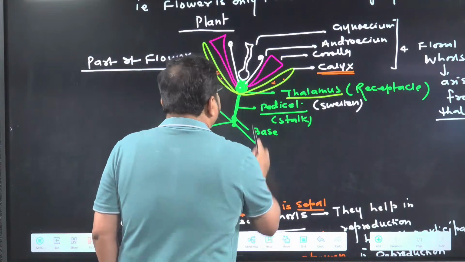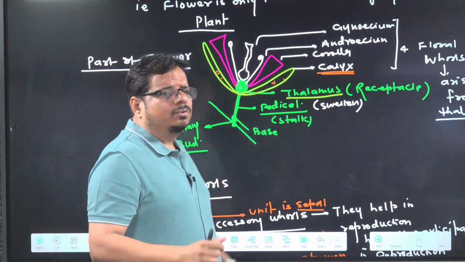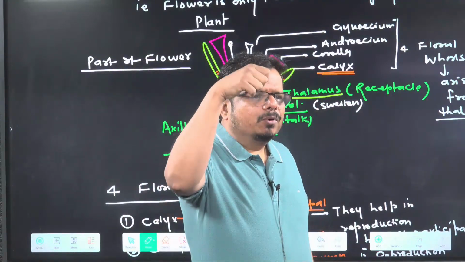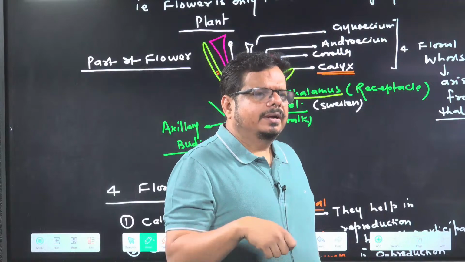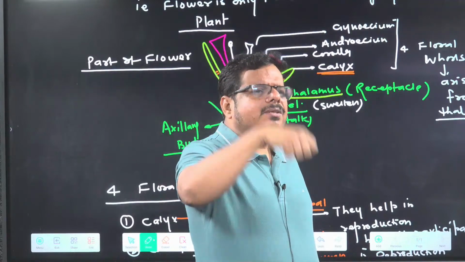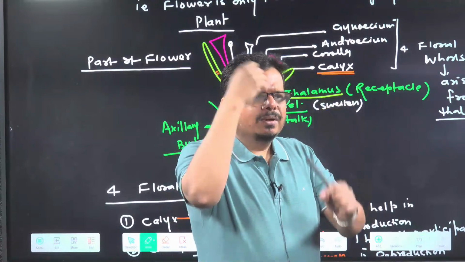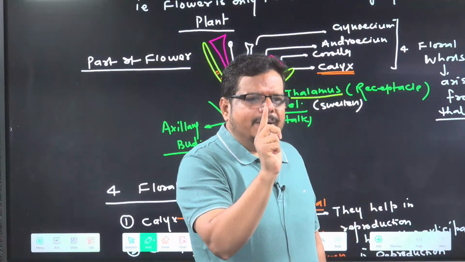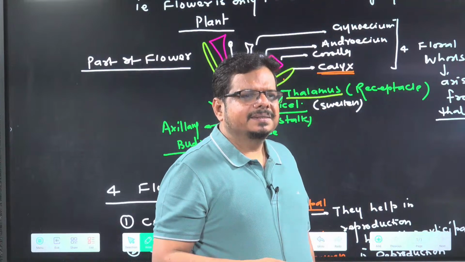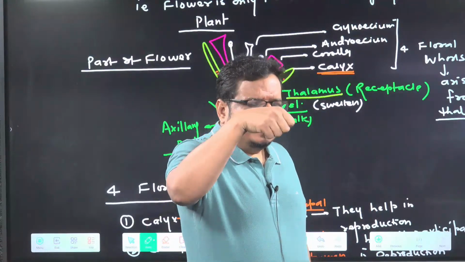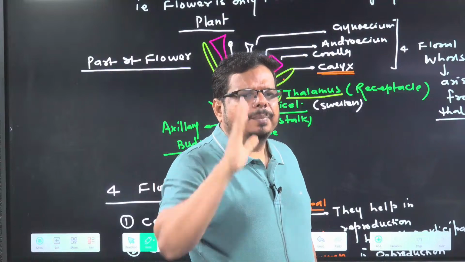In the same way, when you talk about a rose flower, suppose you are talking about red roses. How many petals are you removing? Many petals, right? Is it one petal or many petals? Many petals are there. So each red leaf is called what? Petal.